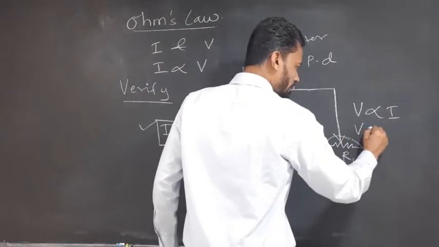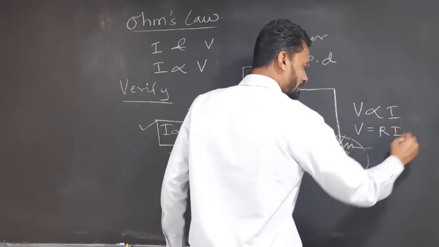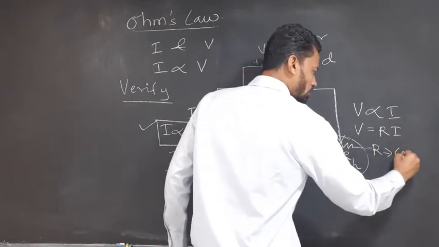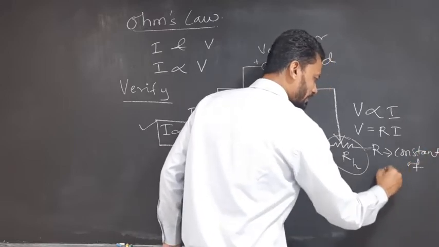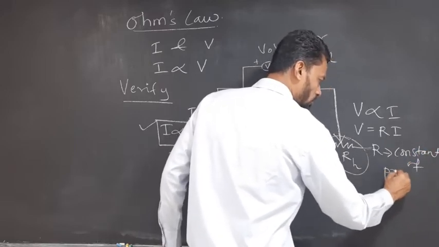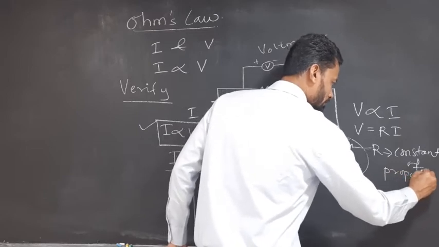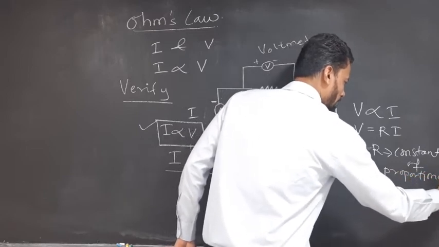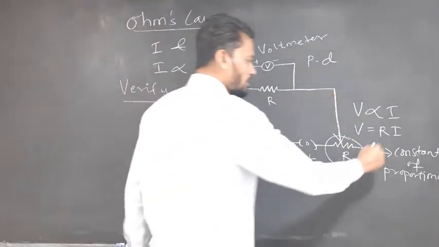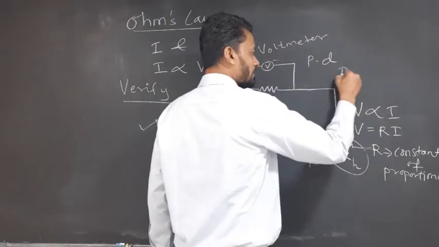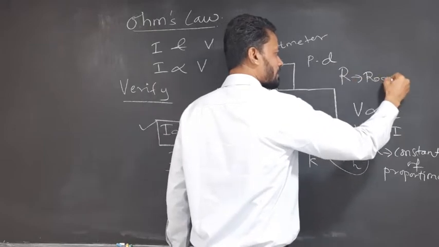So V equals RI, and this R is called the constant of proportionality. This constant of proportionality R is actually called resistance.